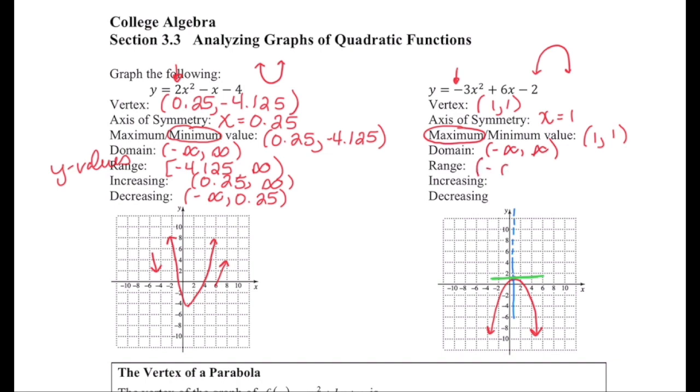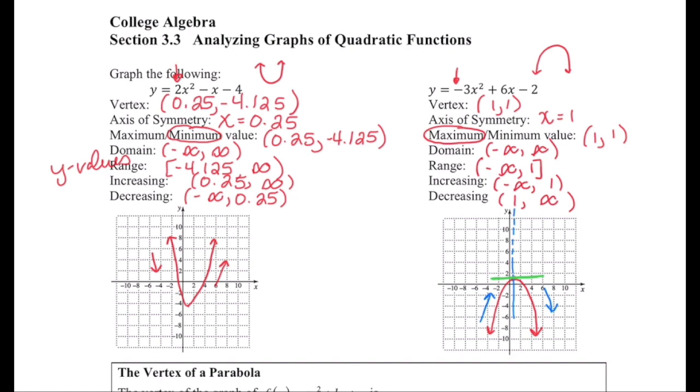So our range is from negative infinity on the y-axis through positive 1, and positive 1 is included. This time we're increasing on the left, and when we hit that vertex, we turn to decreasing. So we're increasing from negative infinity to 1, and then from 1 to infinity, we are decreasing.